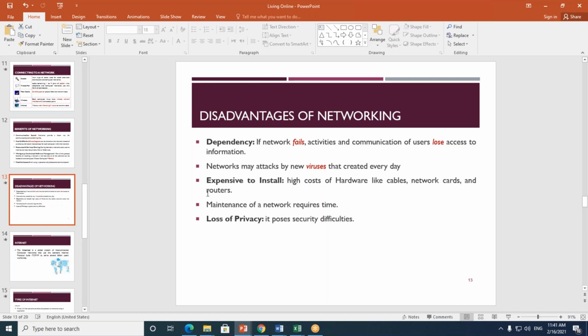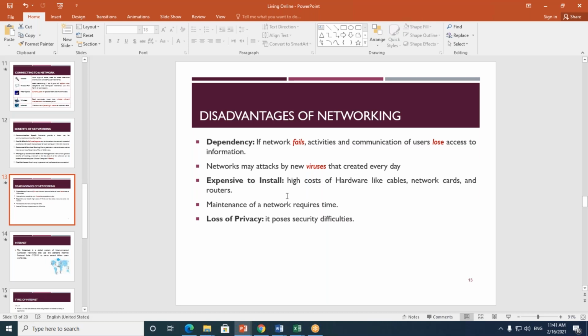So I have a network, I have spent some money. That's fine. High cost of hardware like cables, network cards, routers, PCs as well, and others. The main device, the master computer, could reach 5000 riyals, while the normal device in my office costs around 300 riyals, 250, maximum 350. But I will pay it once.